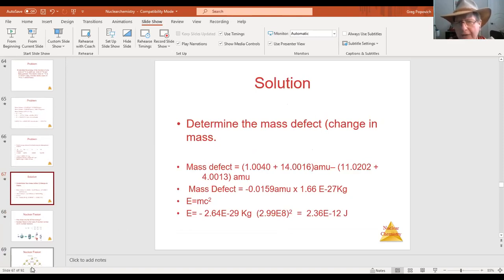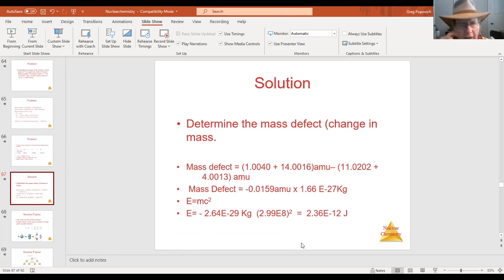So I do this subtraction out, I get negative 0.0159. The next step is to turn the AMUs to kilograms by multiplying by the conversion. Then I use E equals mc squared.